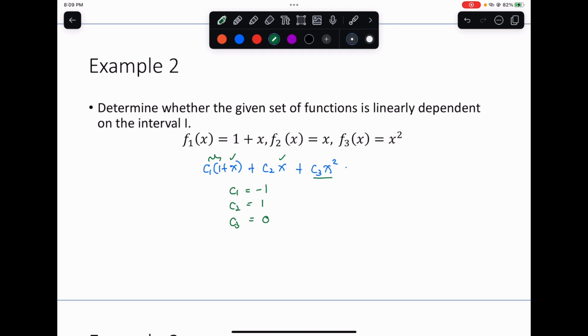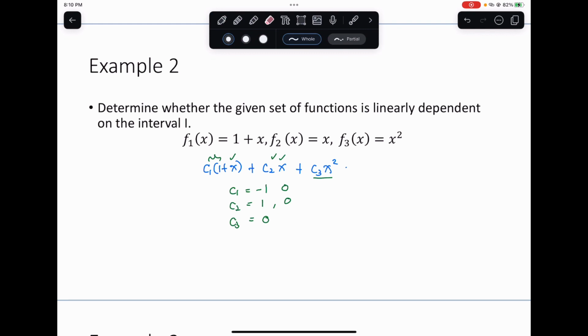Probably I could make C2 equal to 0, so I eliminate the C2 times x here. So 0 times x is 0. But then, it's not possible to make C1 equal to 0 as well, because that's a violation.